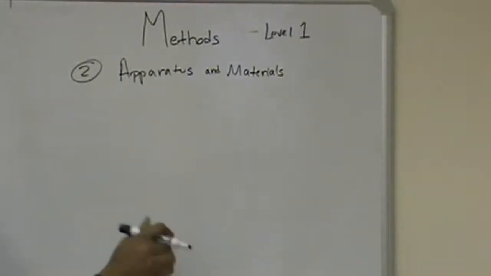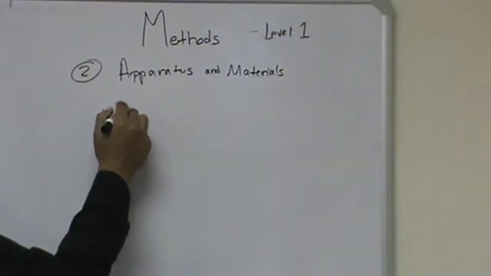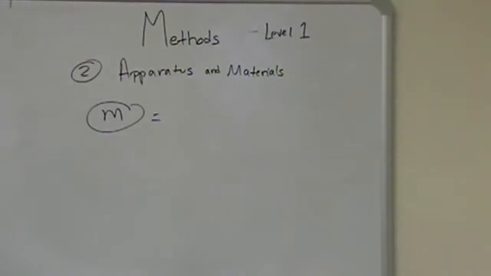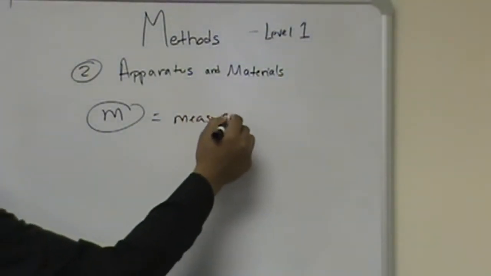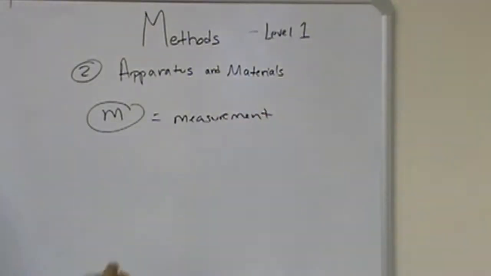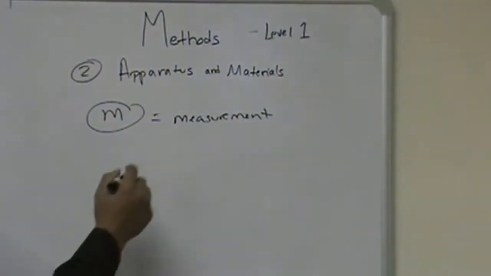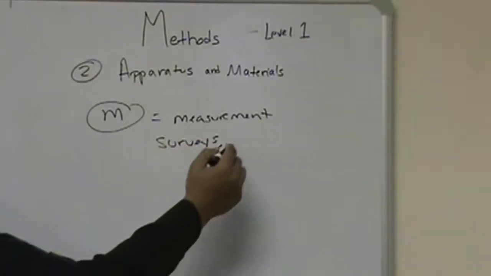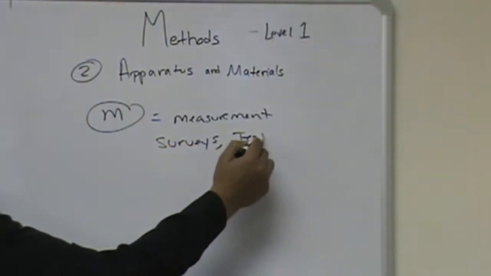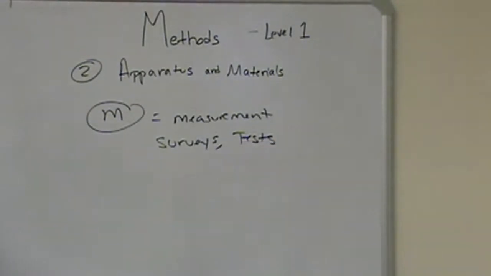What is the materials? The materials refers to the measurement of the variable. So what was used to actually measure the dependent variable? Now, in this case, likely you're going to use some surveys, you're going to use some tests, maybe some of you are using standardized tests and so forth.